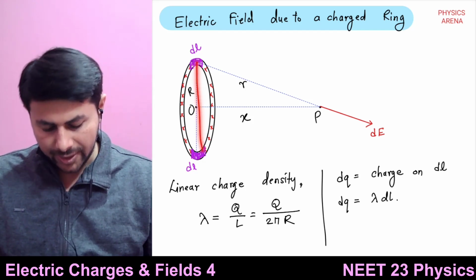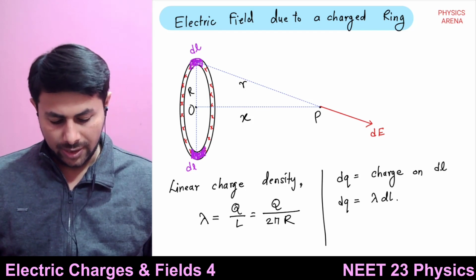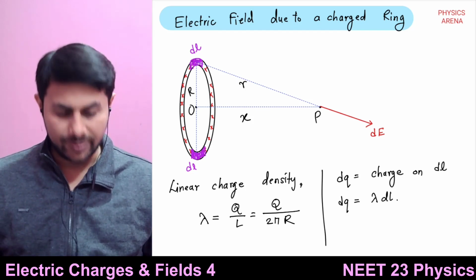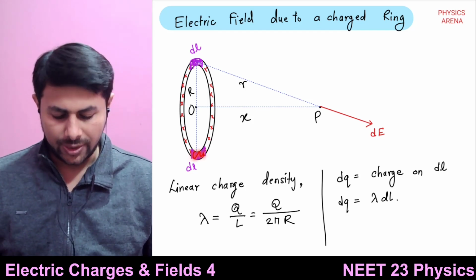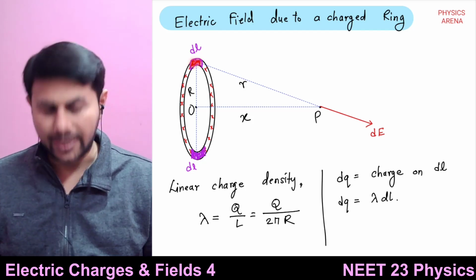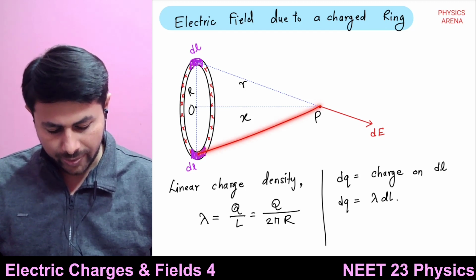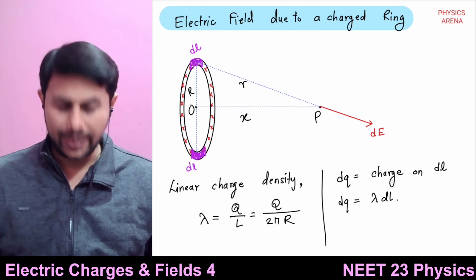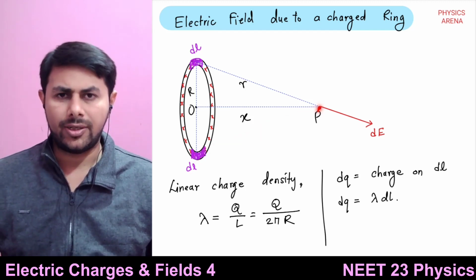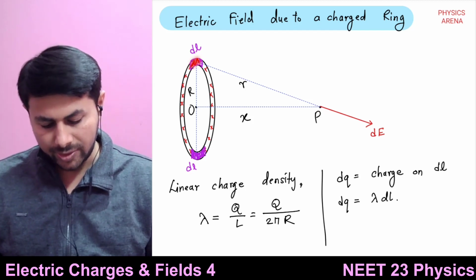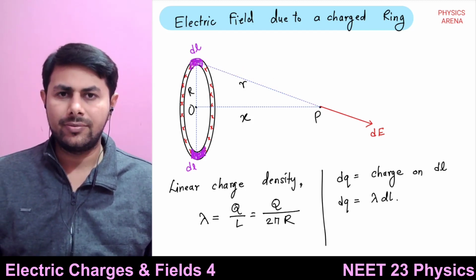It is diametrically opposite to dl. Now it will also produce some electric field because it will have the same charge as this length element, since their lengths are the same, and its distance from point P is also the same.